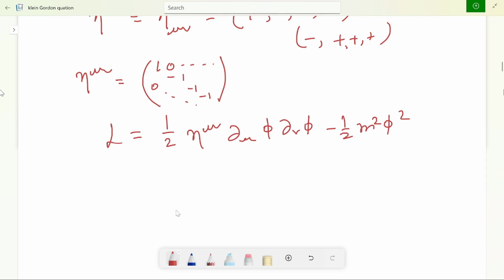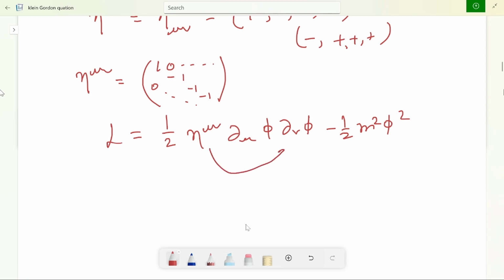Now you will note that this is not a very common form of the Klein-Gordon Lagrangian density which is written in the books. If you follow books like Peskin and Schroeder, the Lagrangian density is written somewhat differently. We can use this metric, operate it on this d mu, and this would result in raising the indices, right?